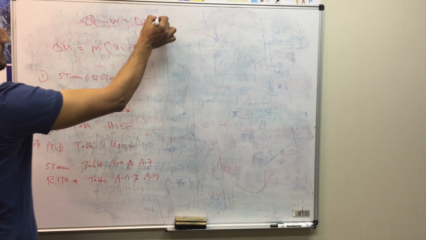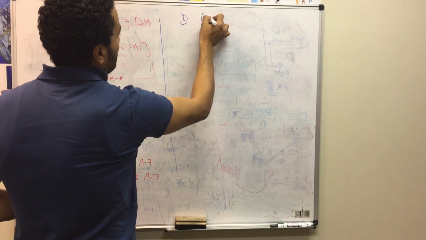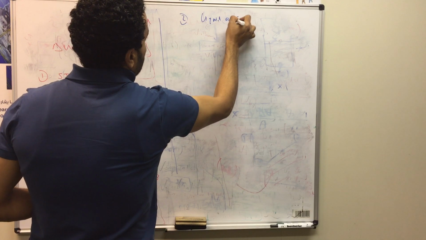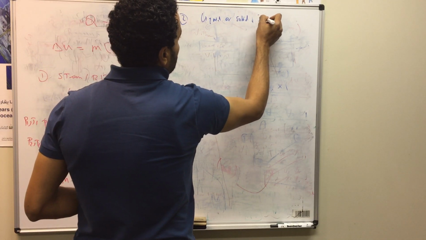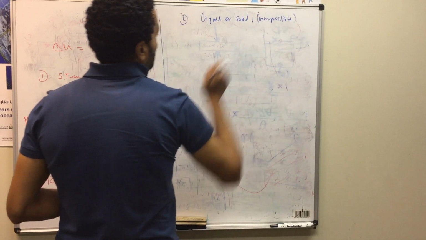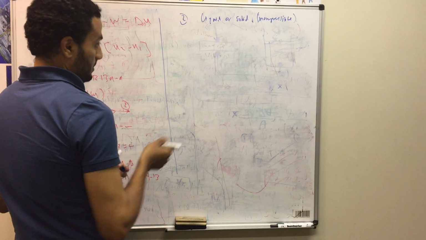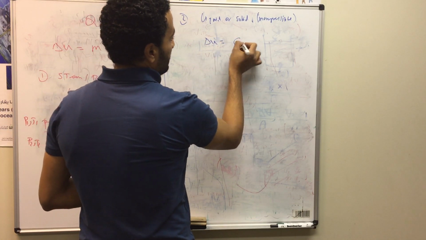Now the second case, if the working fluid is a liquid or solid, or an incompressible substance in general. In this case, we can say delta U will equal C average.